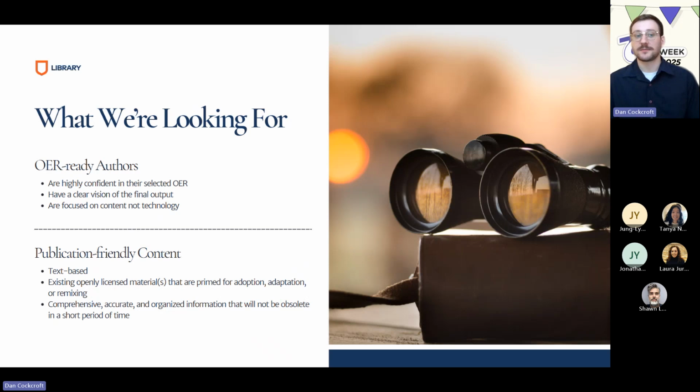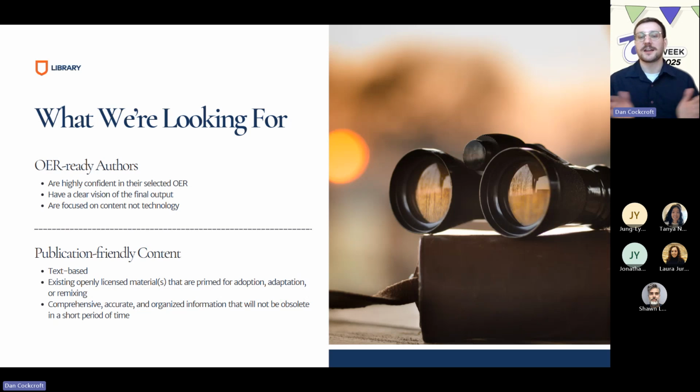Existing material is ideal. So if you can find OER that's really primed for adoption, adaptation, or remixing, that would be great. What I mean by that is it's a little bit harder to pull out content that's in a closed space or a particular file format.